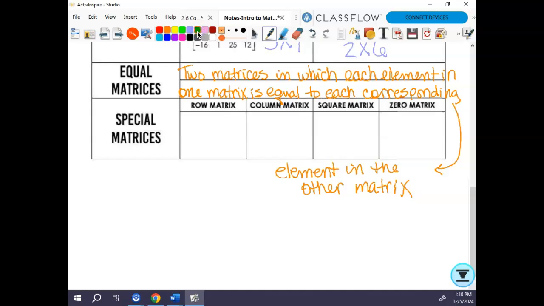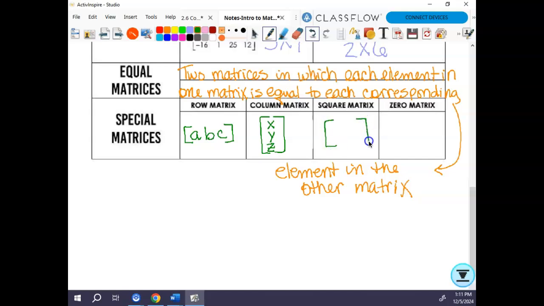All right. So then special matrices. A row matrix would just look like this. A, B, C. It's just literally one row, and however many columns, it doesn't have to be 3. So a column matrix would look something like this. X, Y, Z. A square matrix is just what it sounds like.